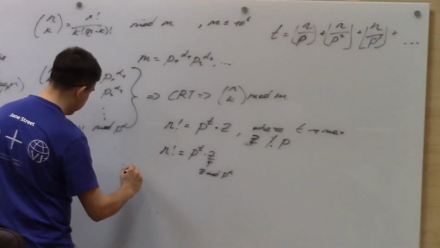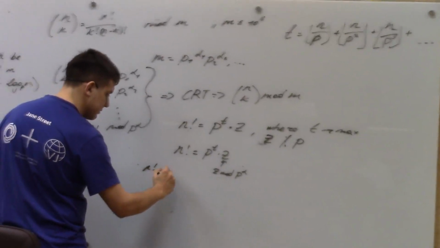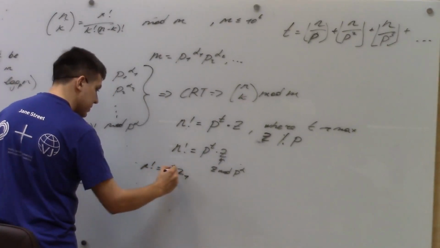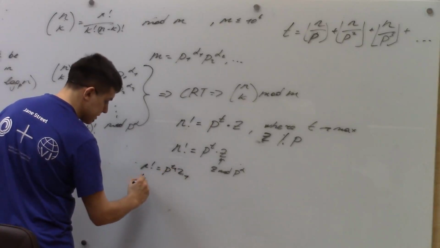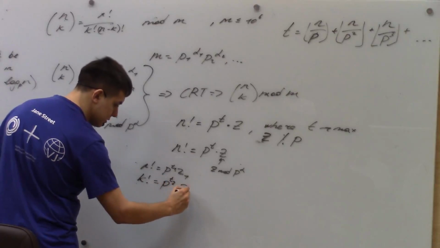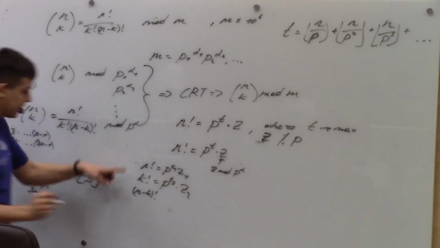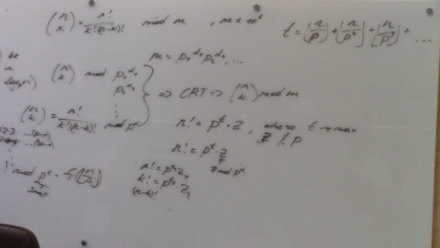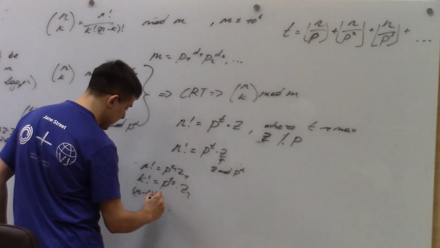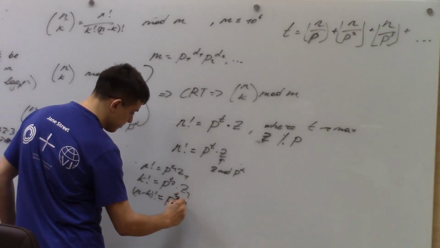So if n factorial is equal to p to the t1 times z1, k factorial is p to the power of t2 times z2, and n minus k factorial is p to the t3 times z3, we just call the same function 3 times. We get these values t1, z1, t2, z2, and t3, z3.